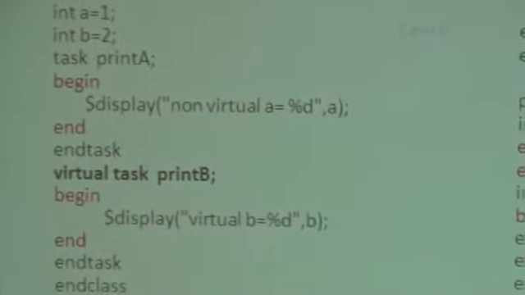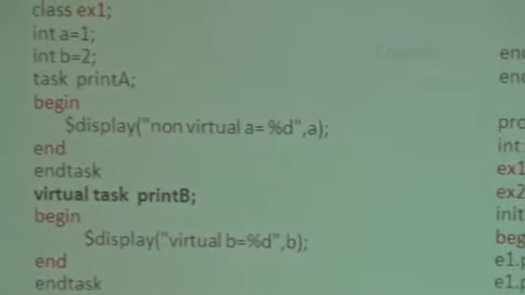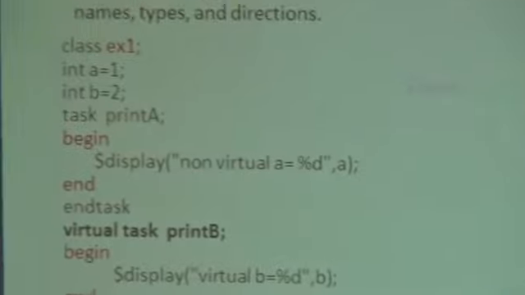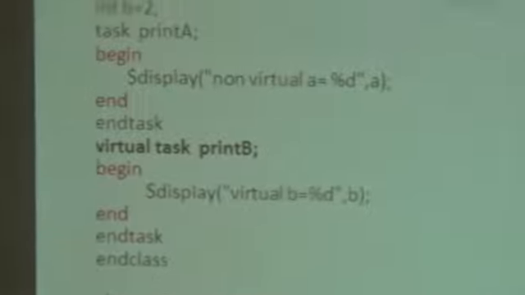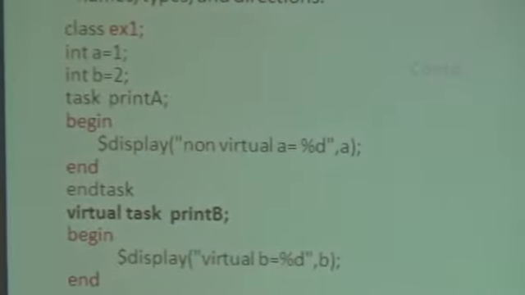What is e1.print a? It is class ex1 print a. That means it is invoking the task print a in superclass ex1. e1.print b just tries to invoke the task print b in superclass ex1.